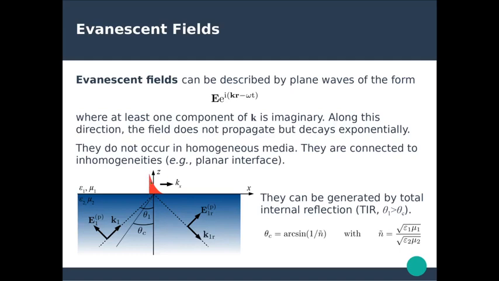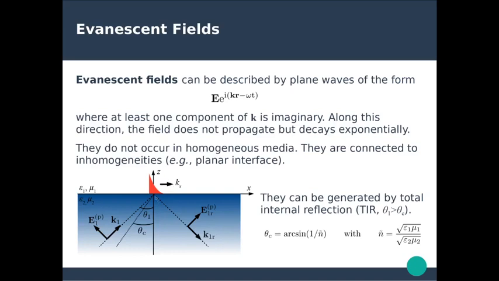So in this particular case, we are going to have the z component of the k vector be imaginary. So along the z direction, this electric field will decay exponentially, but can still propagate along x and even along y, the out of plane direction.